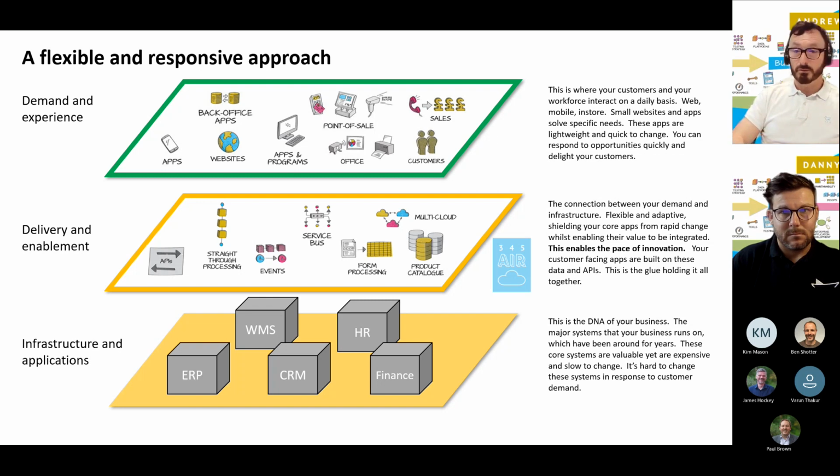And so what we often refer to as the integration space is the bit that's in the middle, which is where you enable this to happen, which is putting in the connectivity, making nice API layers over the top of that so that you can interact with those core things in the business, but in a really easy to consume way. And that's really what enables the pace of innovation. And the pace of innovation is what enables you to do the process re-engineering, to get the cost efficiency and get the consistency of execution.